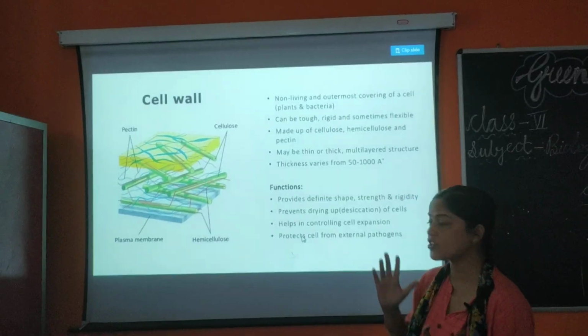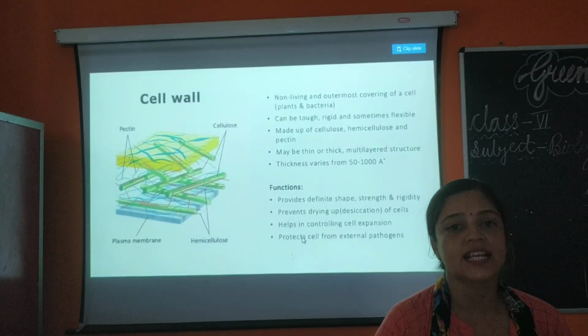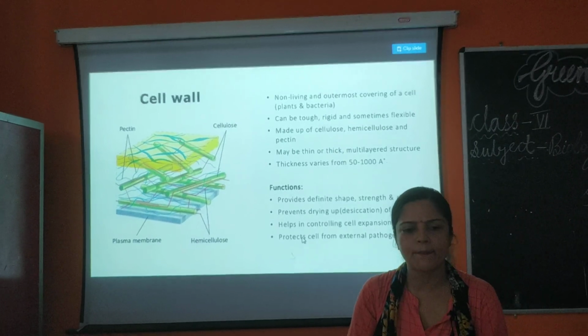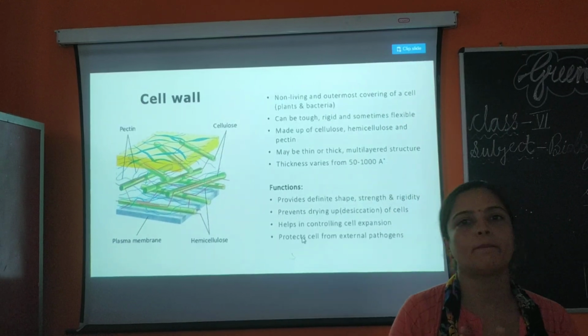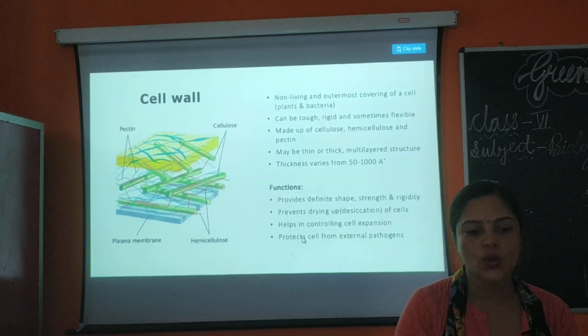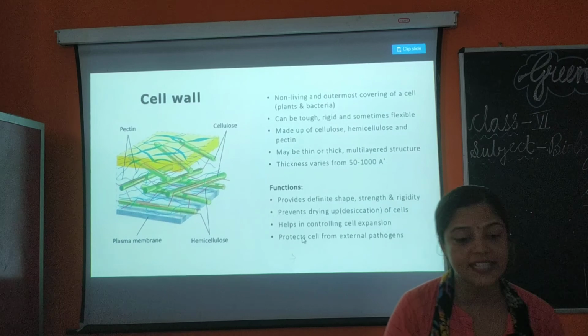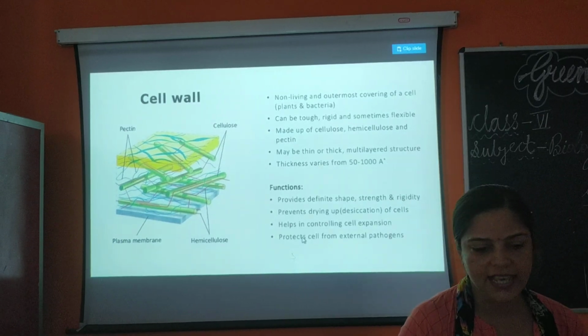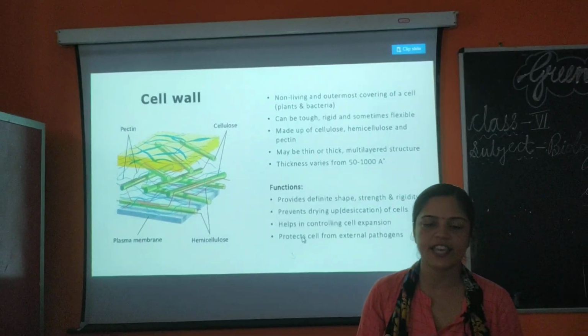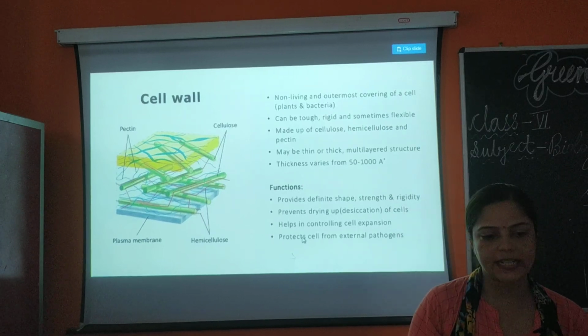And what is its function? Its function is that it gives a definite shape and rigidity to the plant cell. It protects the plant cell from disease causing agents and mechanical injuries.